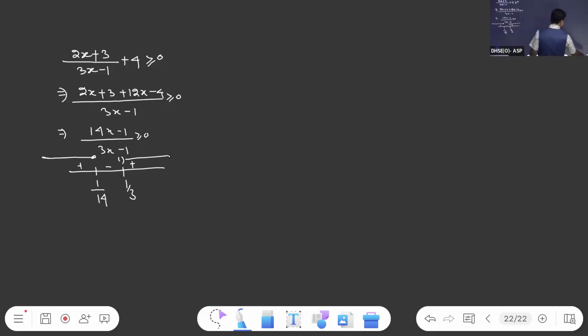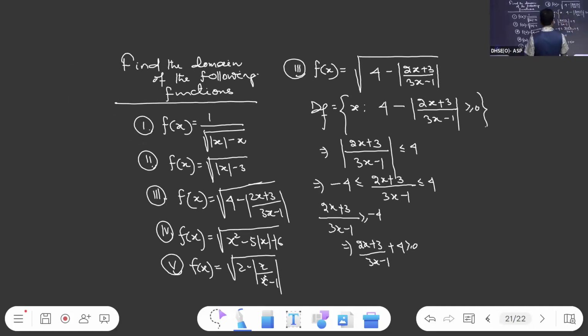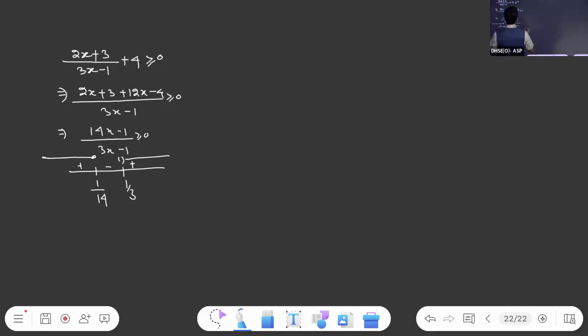The right inequality is (2x+3)/(3x−1) ≤ 4. This implies (2x+3)/(3x−1) − 4 ≤ 0.